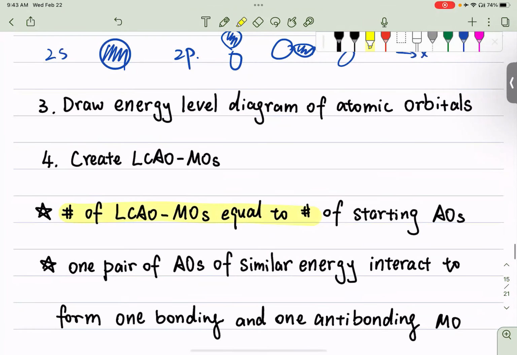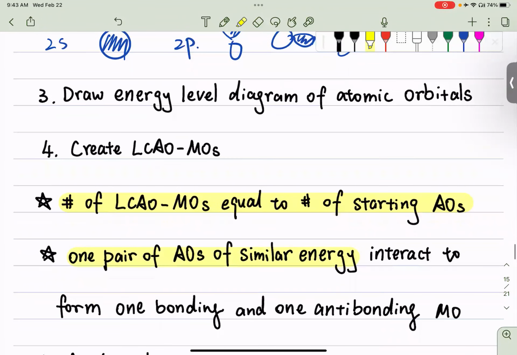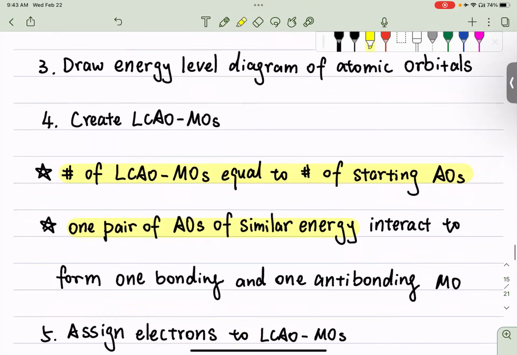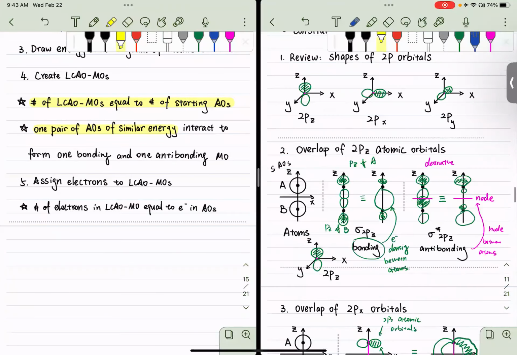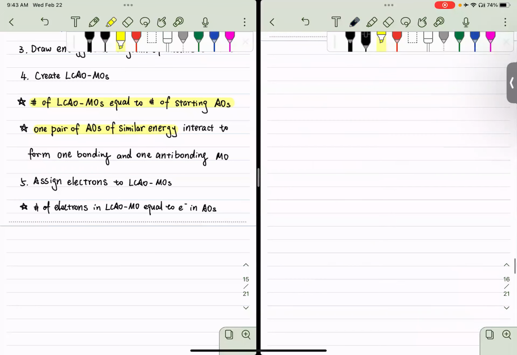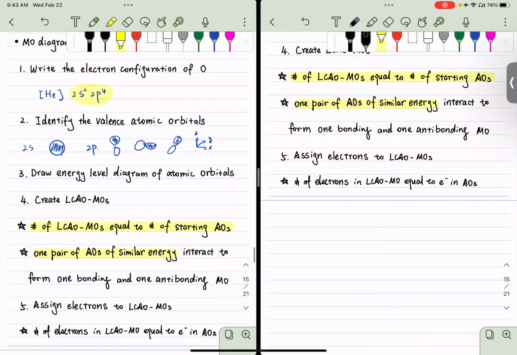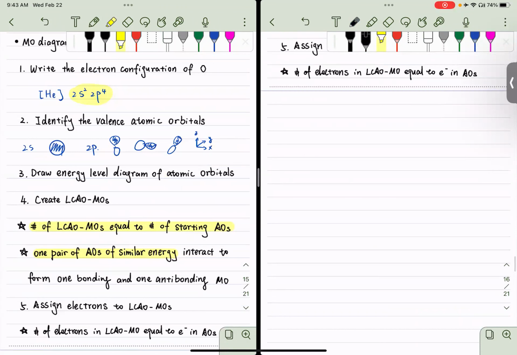The number of MOs you create must equal the number of starting atomic orbitals. And one pair of atomic orbitals of similar energy will interact to form one bonding and one anti-bonding MO. So what does that look like? Remember, we're talking about oxygen, so we put the energy diagram here.